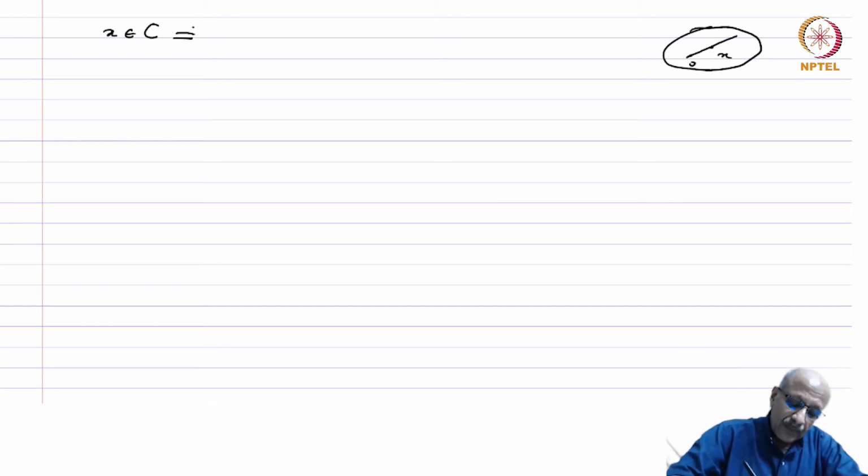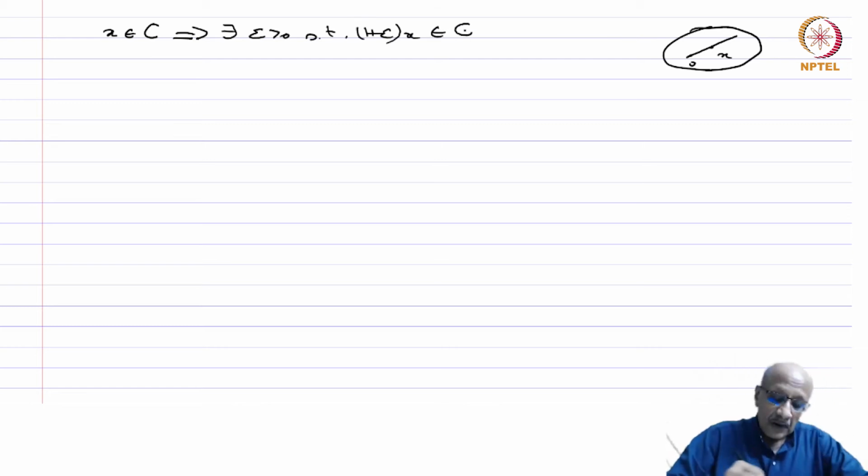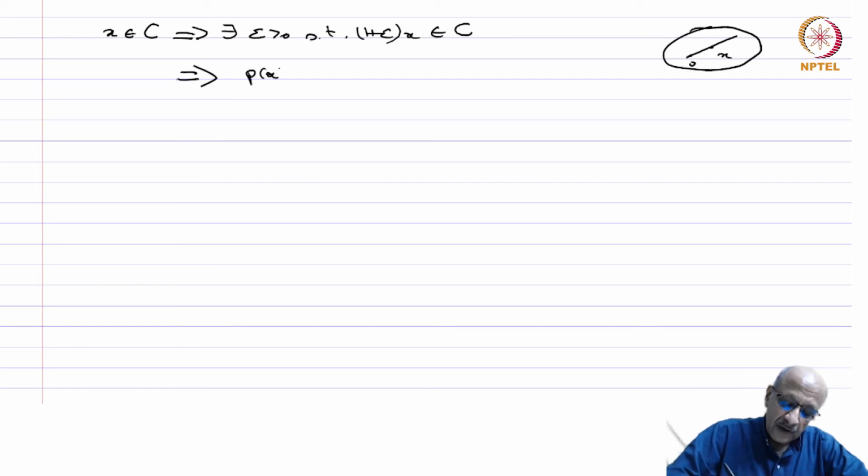So this implies there exists an epsilon positive such that 1 plus epsilon of x is still in C. Therefore, by the definition of the Minkowski functional, Px is less than or equal to 1 by 1 plus epsilon, and that is strictly less than 1.